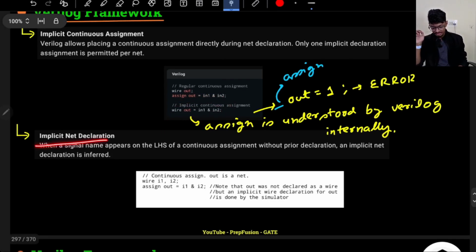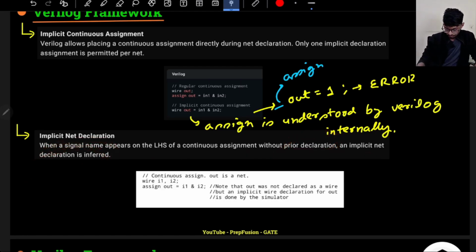Next is implicit net declaration. When a signal name appears on the LHS of a continuous assignment without prior declaration, an implicit net declaration is inferred. Okay, so basically what happens, let's say I have not defined what is out.